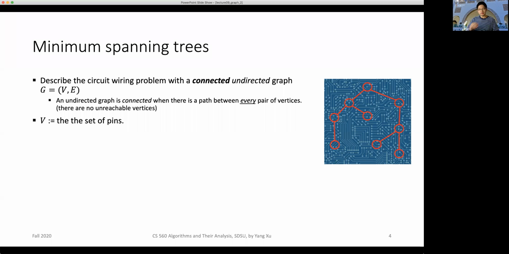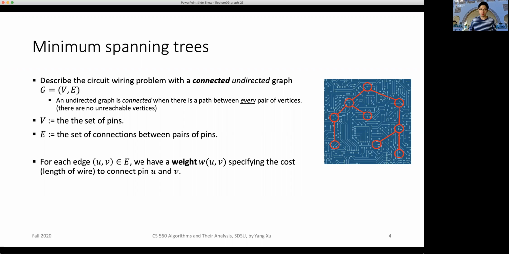And if we describe the circuits with a graph, then all the pins on the circuits will be the vertices, the set of vertices. And the connections between those pins will be described by the set of edges. Okay, so these circuits can be described by a graph model.